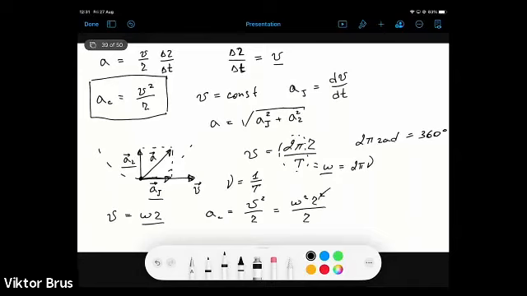So we cancel out this square and this r in the denominator and end up with a simple expression for the centripetal acceleration, which is omega squared times r.